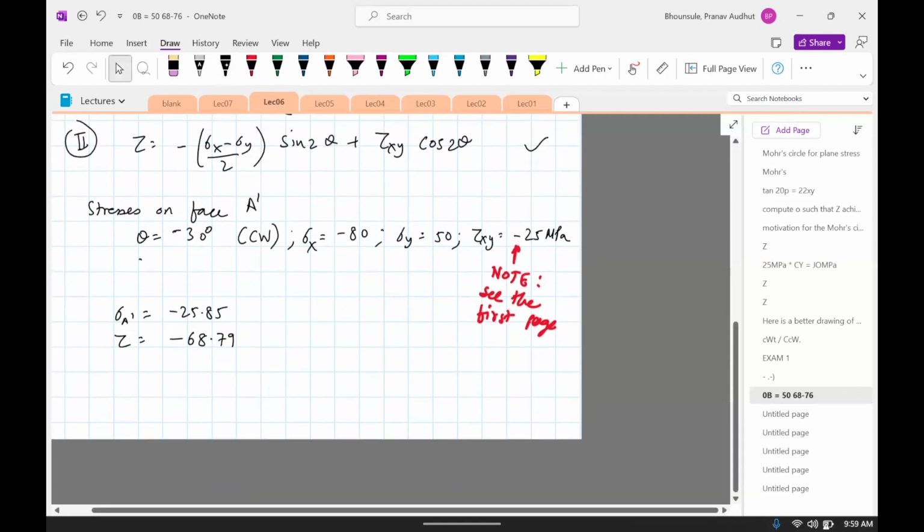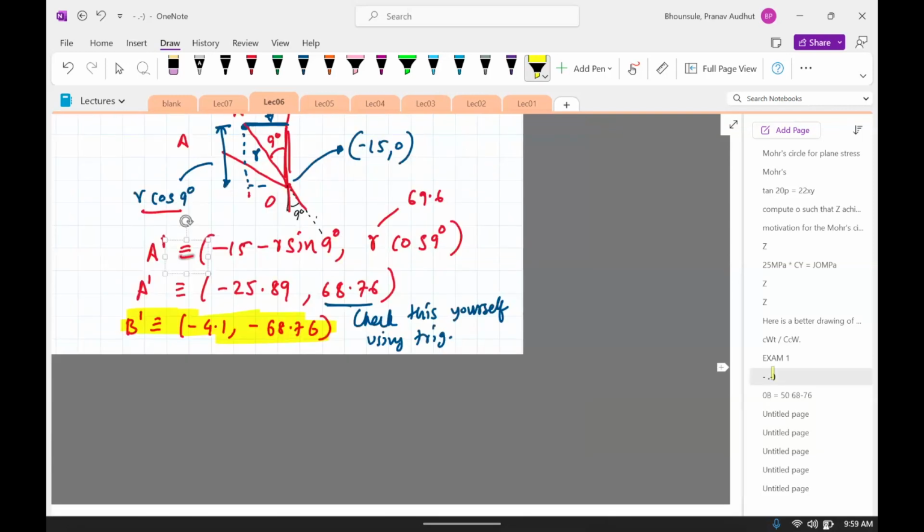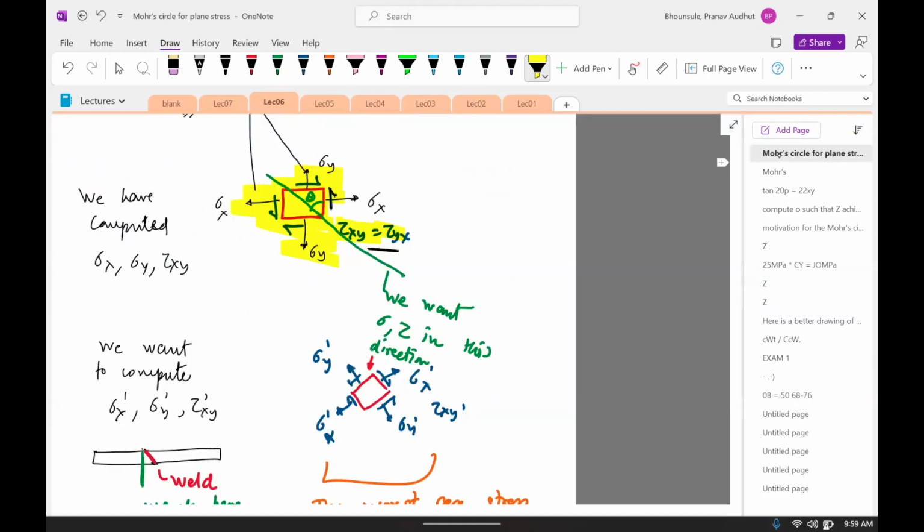Now if you look at this answer and compare it with the answer I had some time back, minus 25.89 plus 68.7, you saw that the x value is fine, but the y value, the tau value, is actually flipped in sign. Again, I'll remind you that Mohr's circle uses a different convention for what is positive for shear stress. This is not the same as the convention we used for the formula, which is this convention, and for the Mohr's circle it is a different convention.